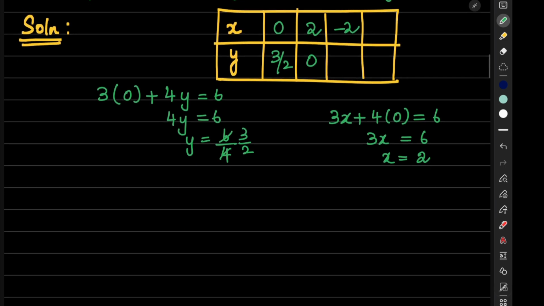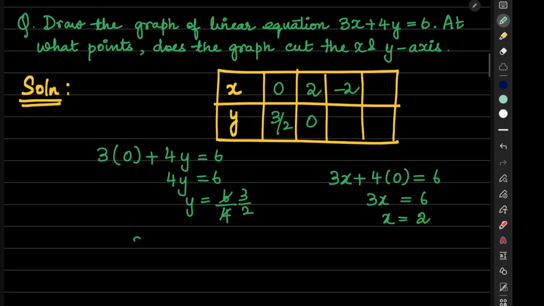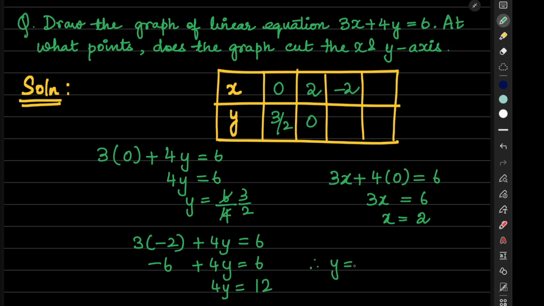So if you take x equal to minus 2, what will you get? 3 into minus 2 plus 4y equal to 6. So this is minus 6 plus 4y equal to 6. 4y equal to 12. Therefore, y equal to 3. So this is how you can do it.